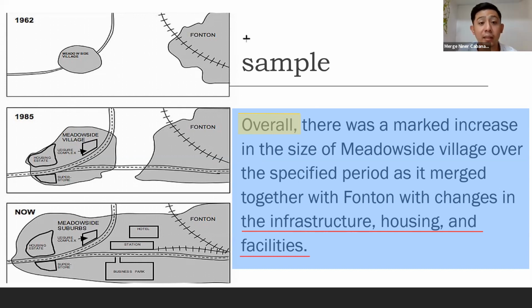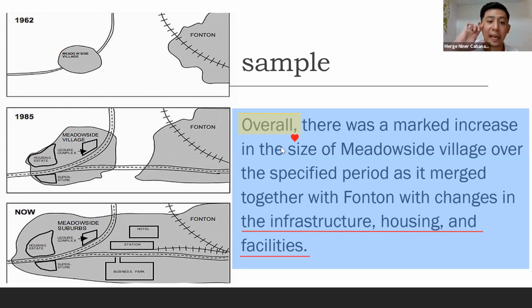And please, please, please never ever forget the comma. There should always be a comma when you write an overall, because overall as a word is considered a connecting device.